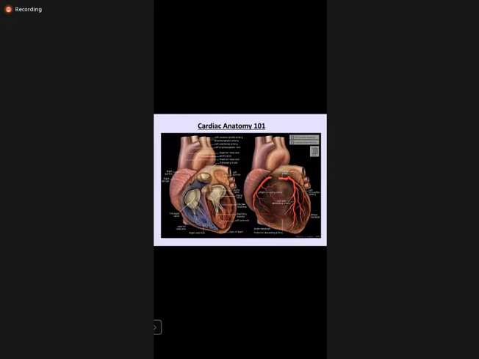Between atria and ventricles lie the tricuspid and mitral valves, and between the ventricles and the great vessels, that is the aorta and pulmonary artery, lie the aortic and pulmonary valves. The mitral valve comprises two leaflets. Otherwise, the tricuspid, aortic and pulmonary valves comprise three leaflets, and they are tri-leaflet valves.